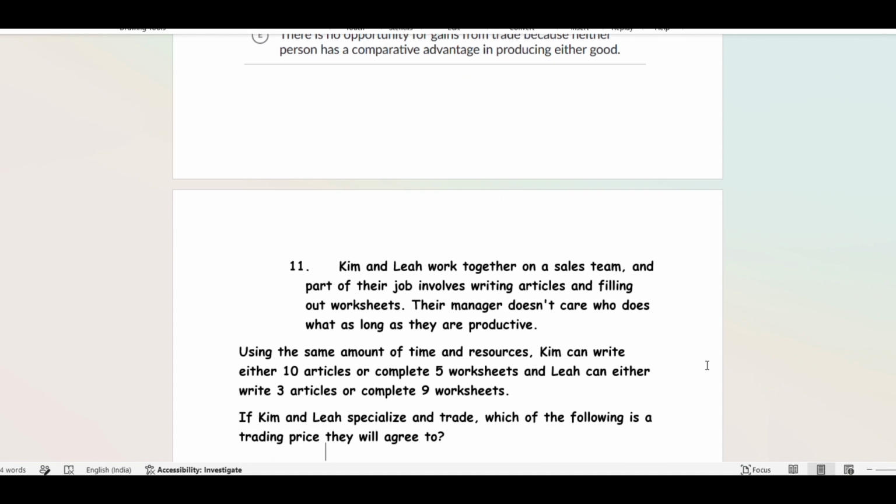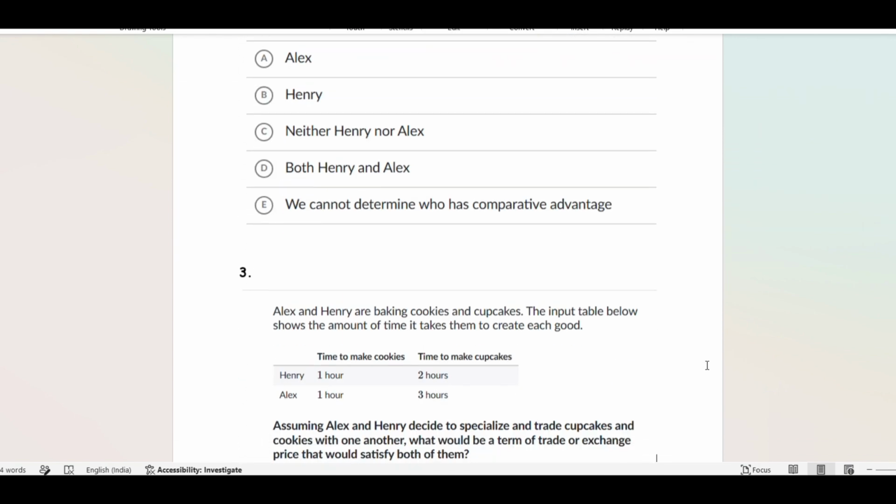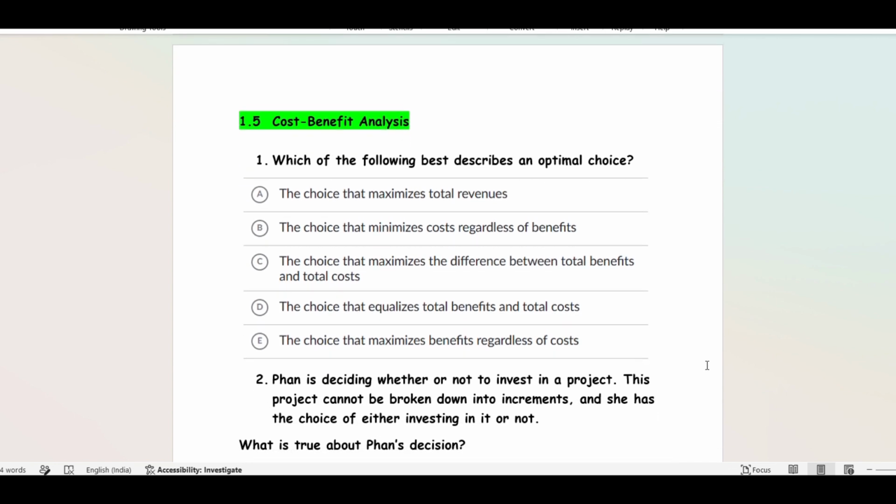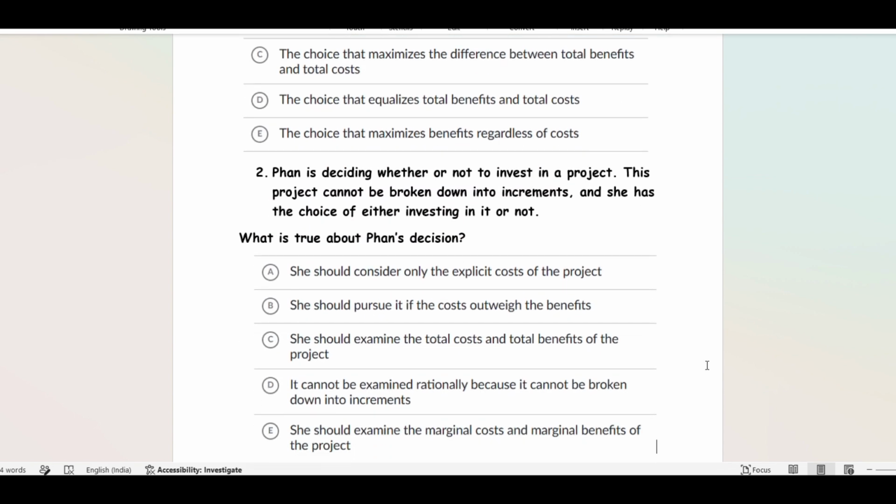Now for the last subtopic, the marginal analysis. I had given you two questions of cost benefit, and then I moved to the marginal analysis one. The first one was, which of the following best describes an optimal choice? The answer is option C, the choice that maximizes the difference between total benefits and total costs. Next, deciding whether or not to invest in a project that cannot be broken down into increments, and she has the choice of either investing or not.